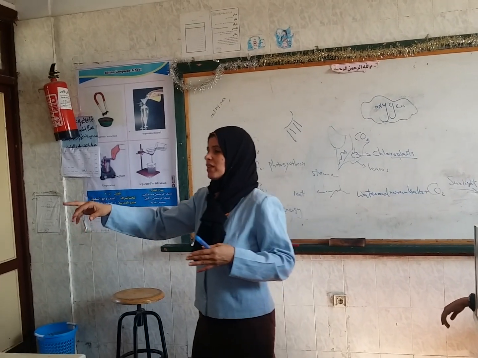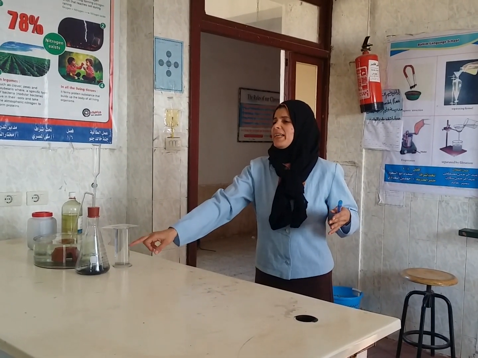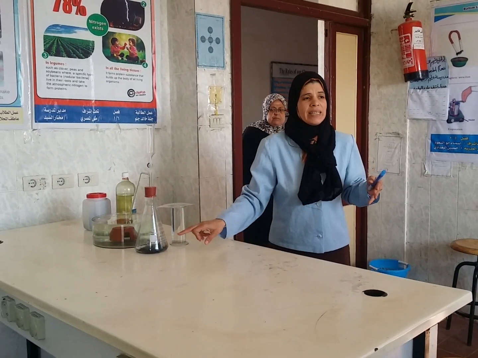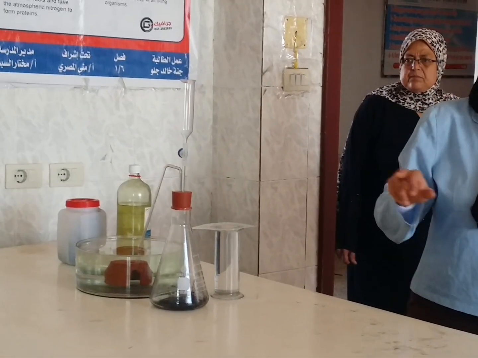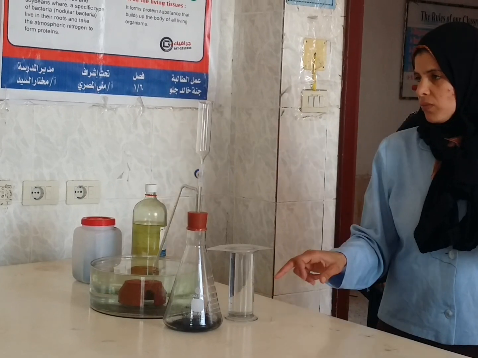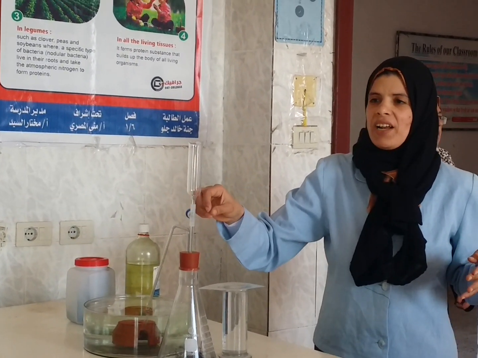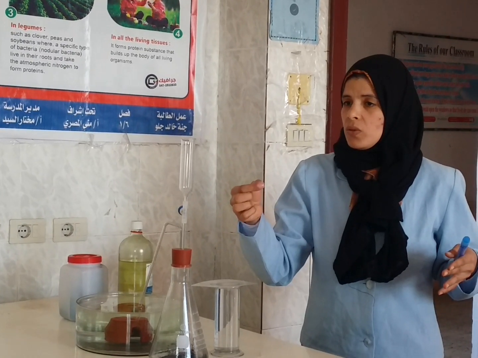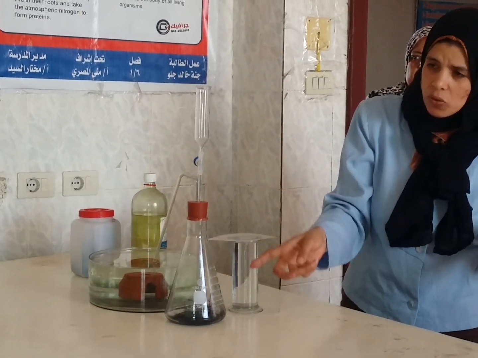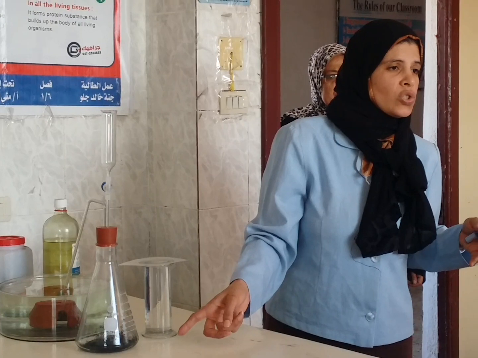Here, what is our catalyst? It's called manganese dioxide. You put in this conical flask manganese dioxide. It's a dark substance which speeds up the chemical reaction. Number one, you open this funnel slowly, and the hydrogen peroxide moves downward and falls on the manganese dioxide.